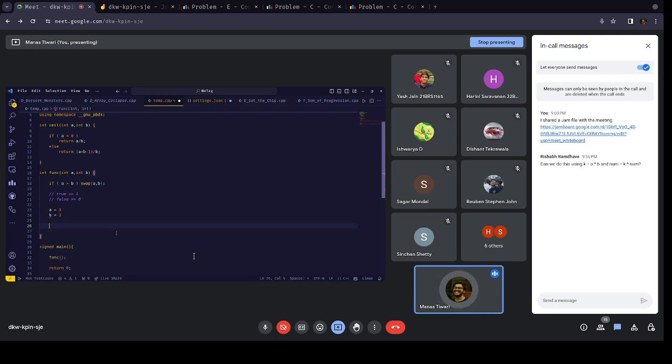Because XORing the number is basically the same thing, it follows the same property. Just as a plus b minus b will be a, similarly a XOR b XOR b will give a. Yes, you can do that as well.